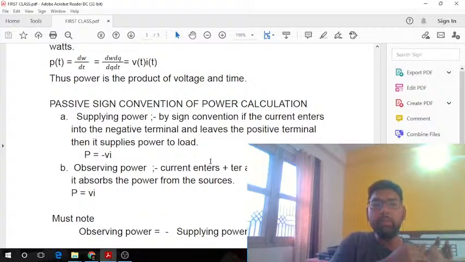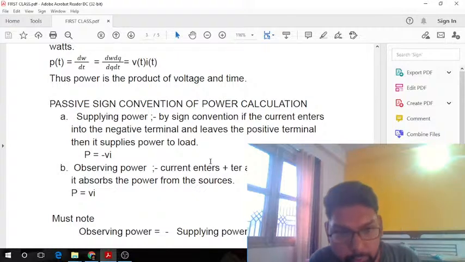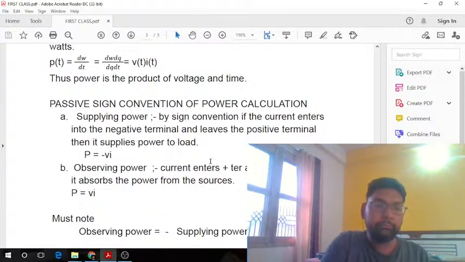Absorbing power is when the current enters the positive terminal and leaves the negative terminal. Then it absorbs power from the source.